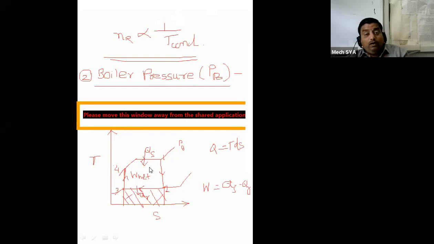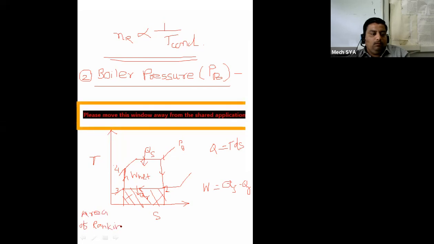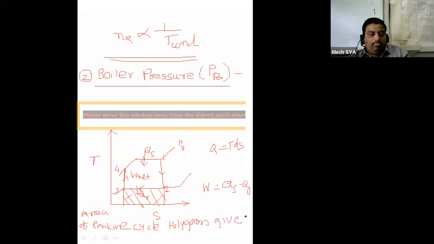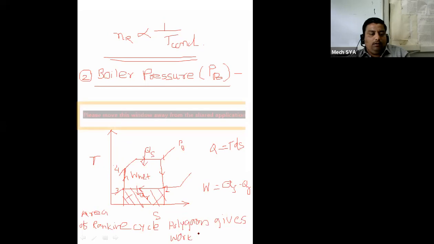The work obtained from the cycle. So here you can write: area of Rankine cycle polygon gives work obtained from cycle.